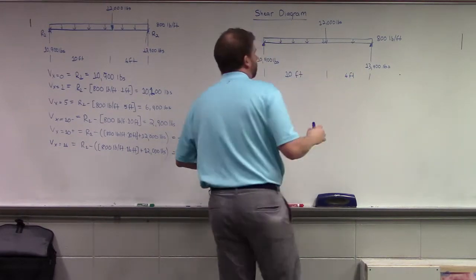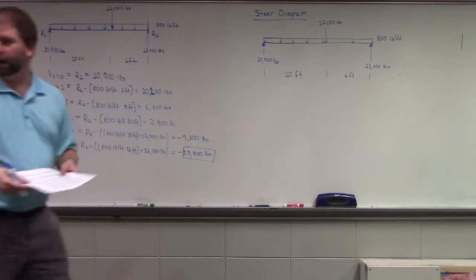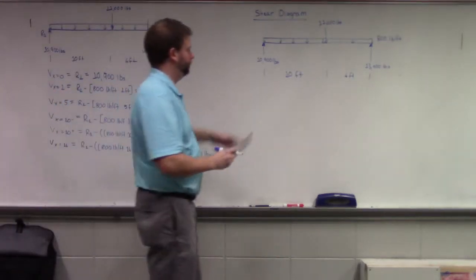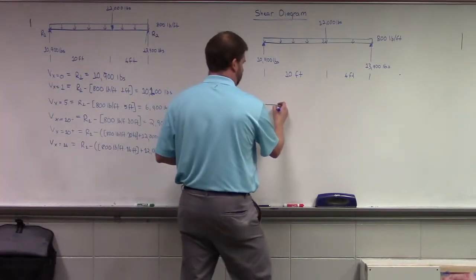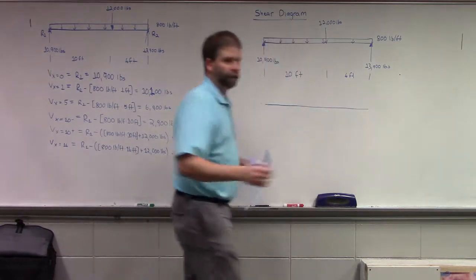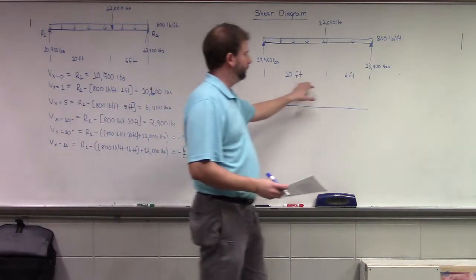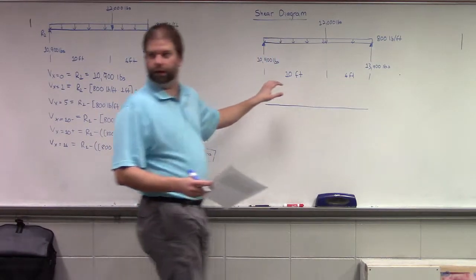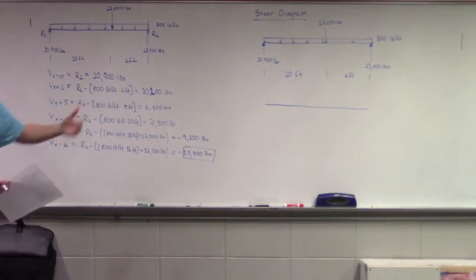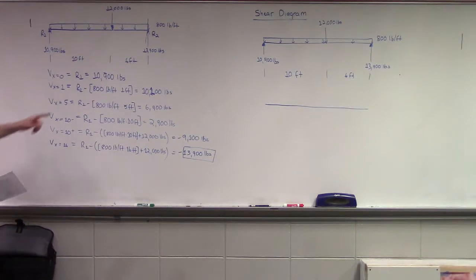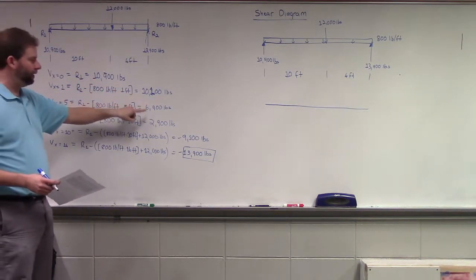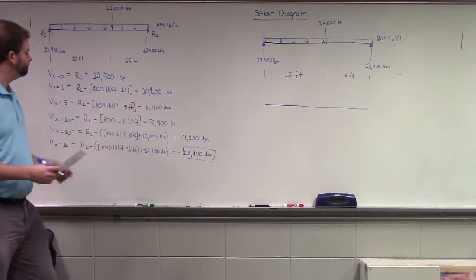To draw your shear diagram, you'll put underneath your beam itself a horizontal line. Okay? It'll have the same distance, 16 feet, as your beam. And what you'll do is you'll just plot your points. Okay?